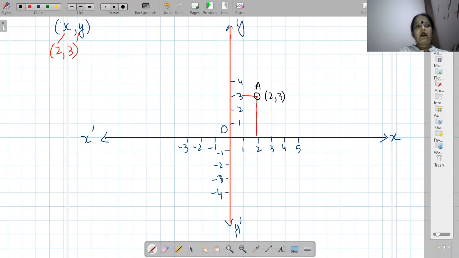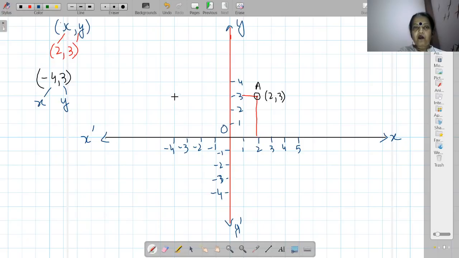Now taking one more, -4 and 3, if we will plot it, -4 and 3. So the value of -4 is for x-axis and 3 for y-axis. So x value -4, this is -4, and y is 3, so this is 3.